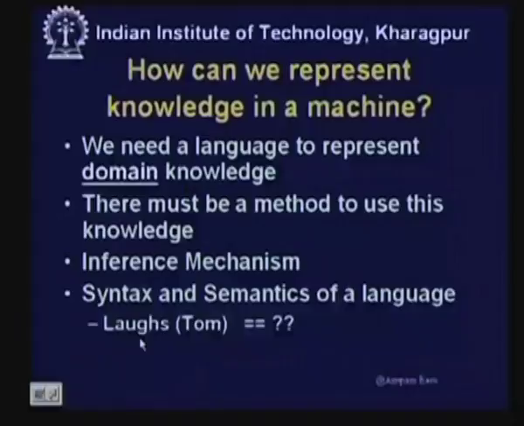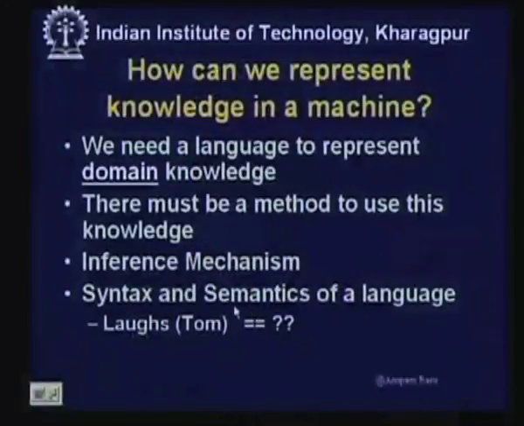For example, if we write loves(Tom), what does it mean? Does it mean Tom loves? Does it mean Tom is laughed at? Assuming that this is a correct syntax in some language, what is the meaning of that? What is the semantics of this?